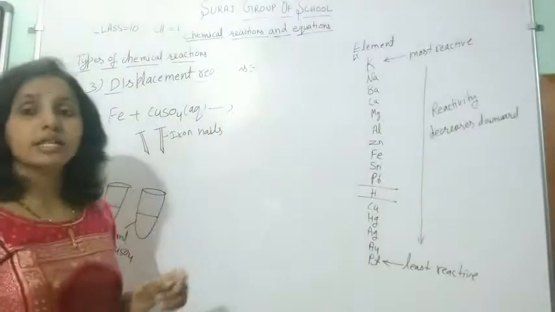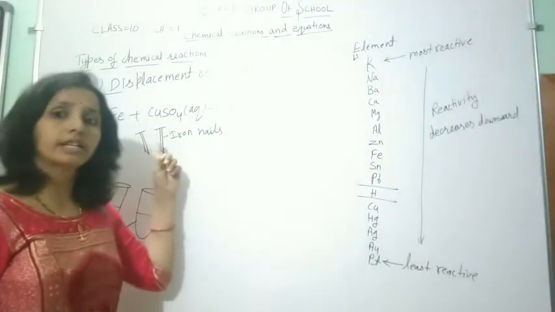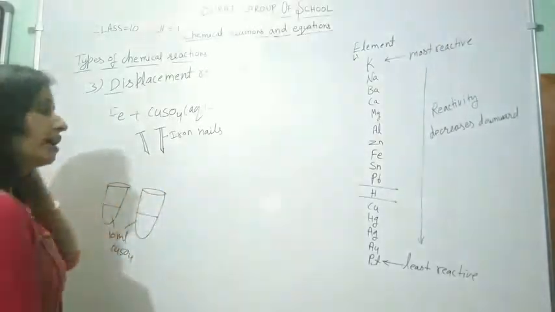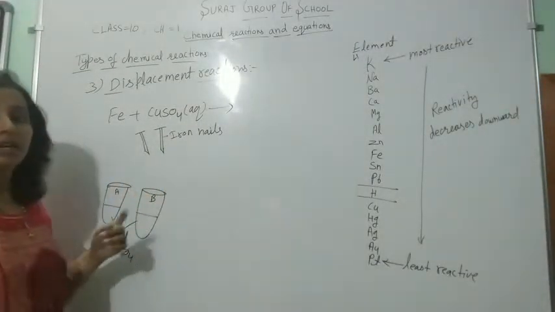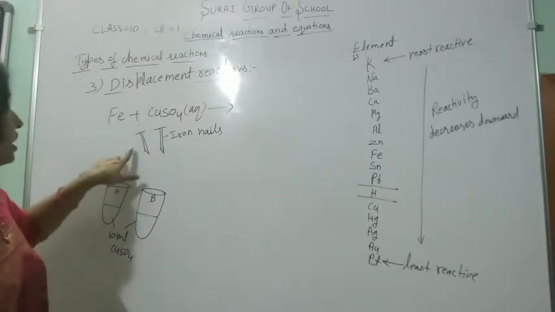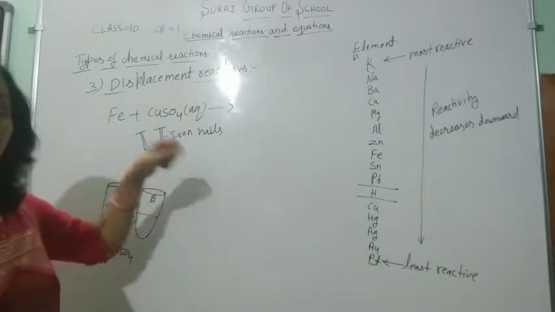Clean the fresh iron nails with the help of sandpaper, and name the test tubes A and B. In test tube A, we place an iron nail with the help of thread.